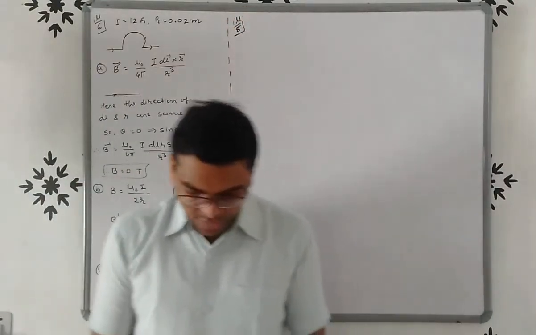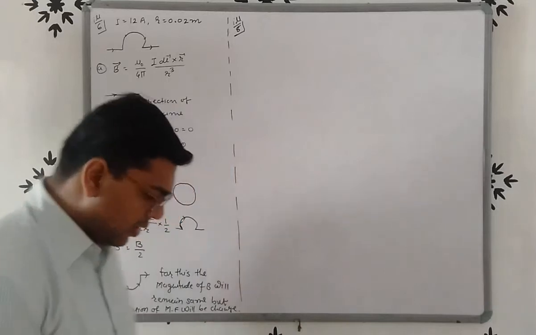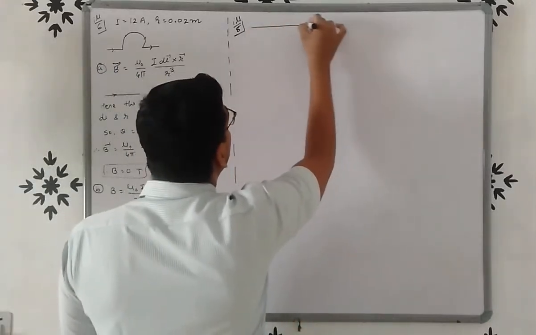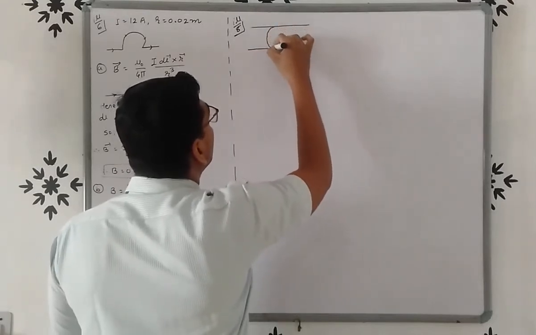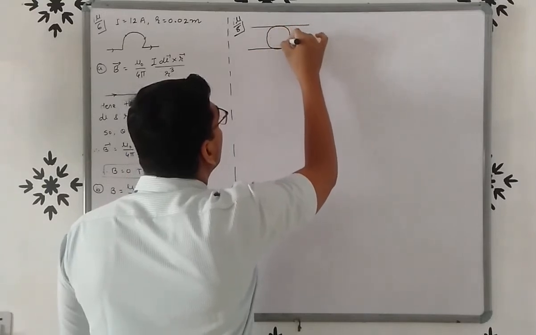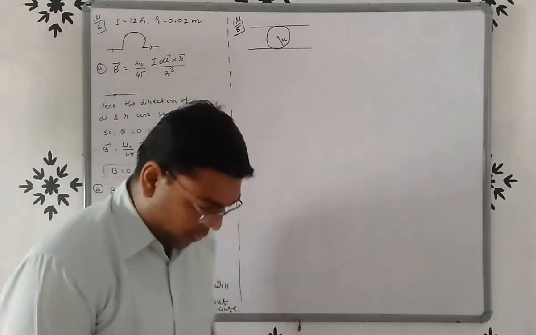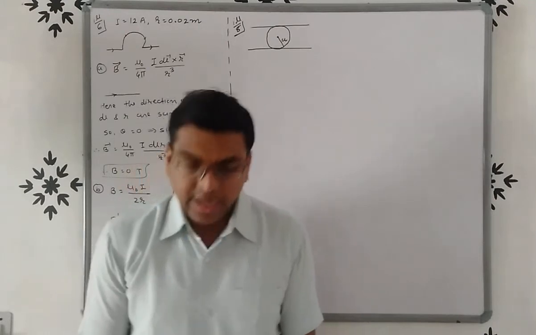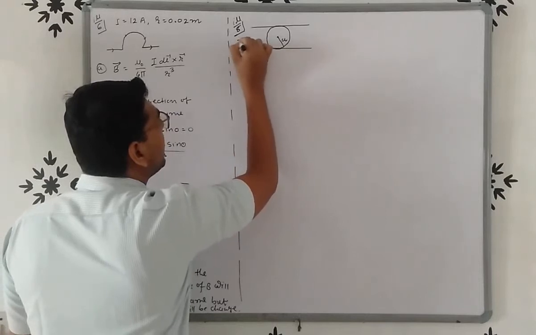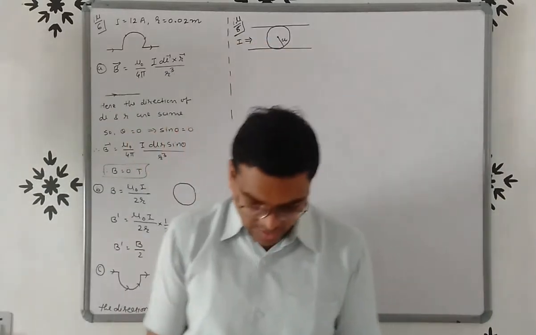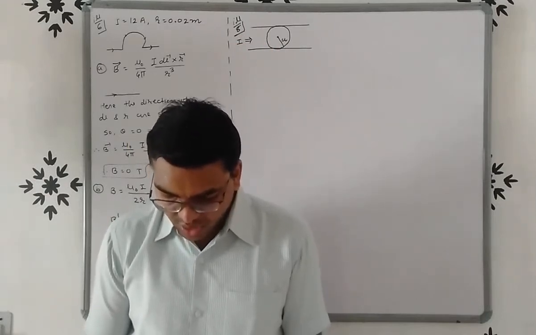The figure shows a long straight wire of circular cross section of radius A. So the wire will be like this, having a cross section of radius A, carrying a steady current I. So the current passing through this cross section of radius A is I. The current I is uniformly distributed across this cross section.